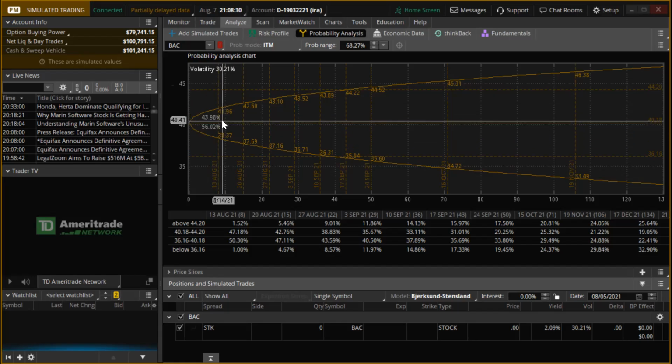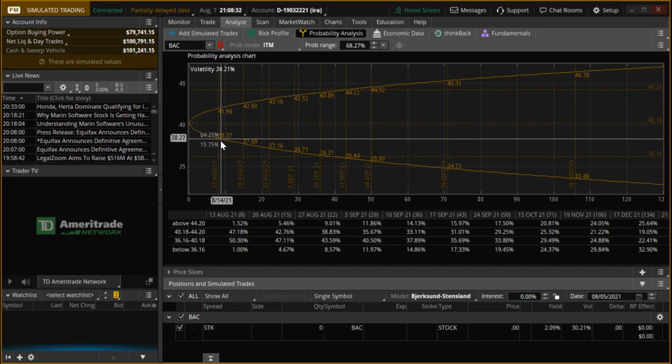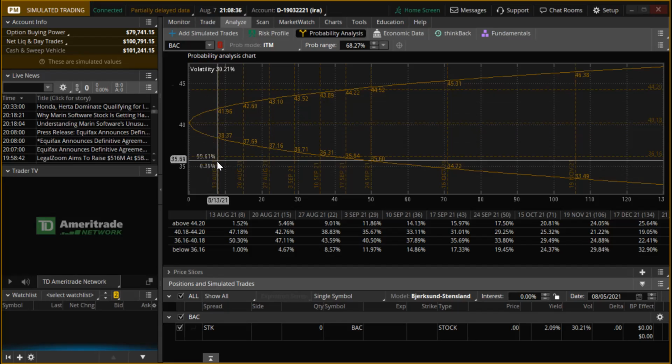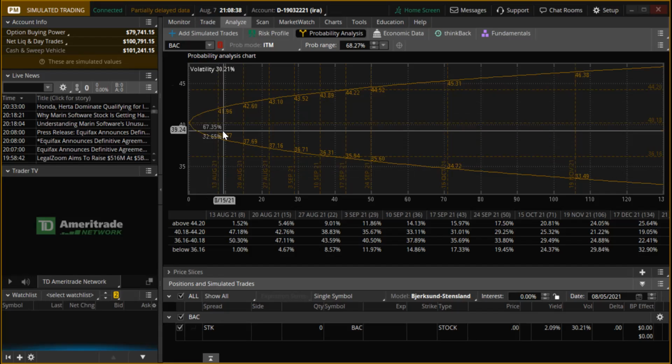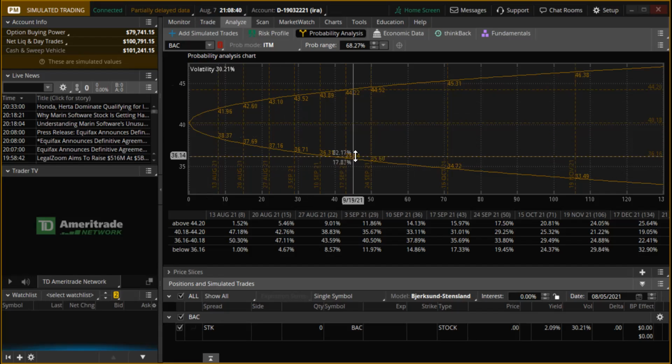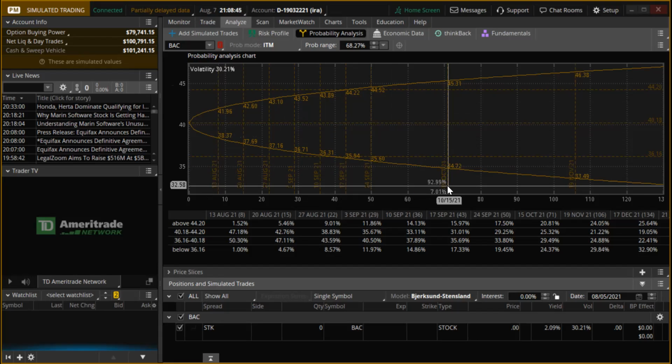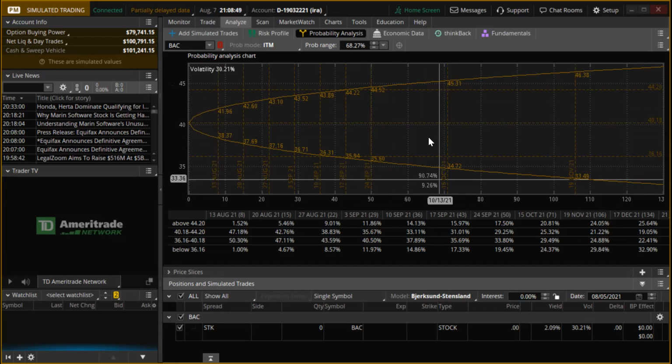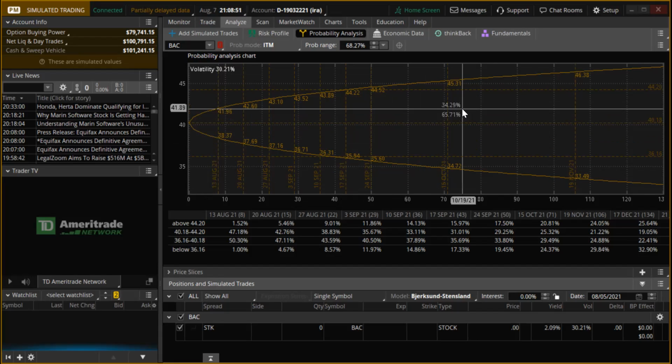Now, everything within these two is likely to be in the money, whereas everything on the outside is less likely. The further out you go, because it's harder to predict in a further away time frame, the gap gets bigger. So this gap is bigger here.